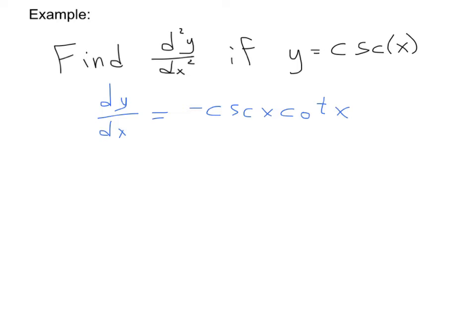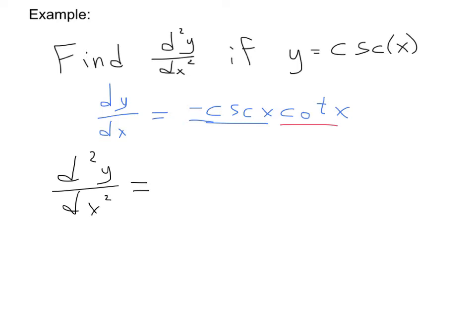Now, if I want to find the second derivative, d squared y dx squared, how am I going to do that? Well, this is a product rule. There's a negative cosecant x and a cotangent x. So to do this derivative, I'm going to have to take turns letting it be the derivative. I'm going to have to do the product rule.